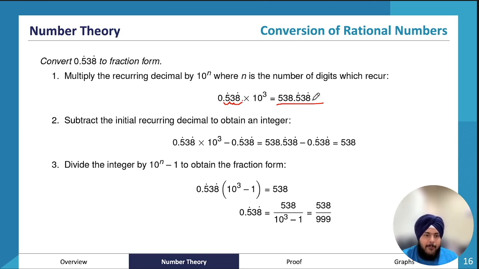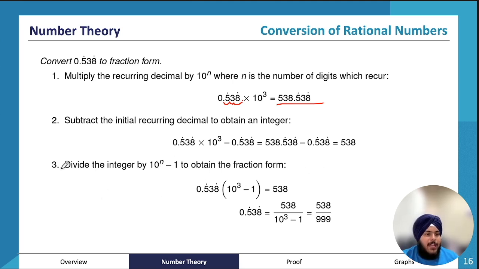After doing that, we need to subtract the initial recurring decimal to obtain an integer. So 0.538 recurring times 10 to the power of 3, minus 0.538 recurring, will give us 538. So what do we know now?